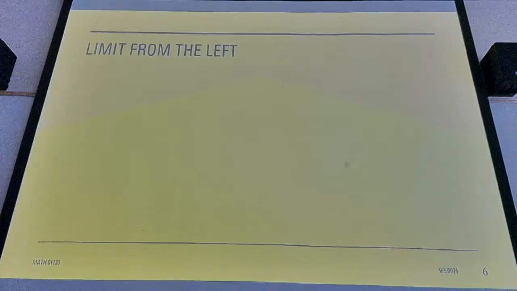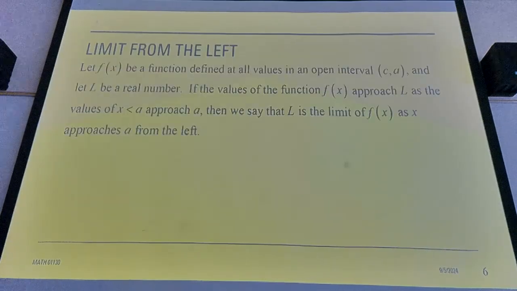We can also have what's known as one-sided limits. So a limit from the left and a limit from the right. And the ideas are generally the same, except if we're coming in from the left, your values of x are less than a. And again, you never actually get to a.